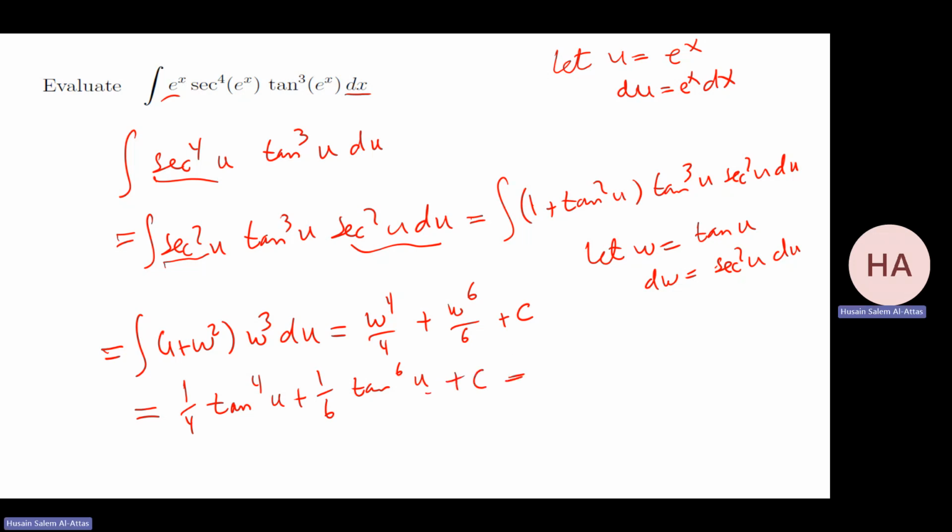But what is u? It's e to the power x. So that will be 1 over 4 tan to the power 4 e^x plus 1 over 6 tan to the power 6 e^x plus c.